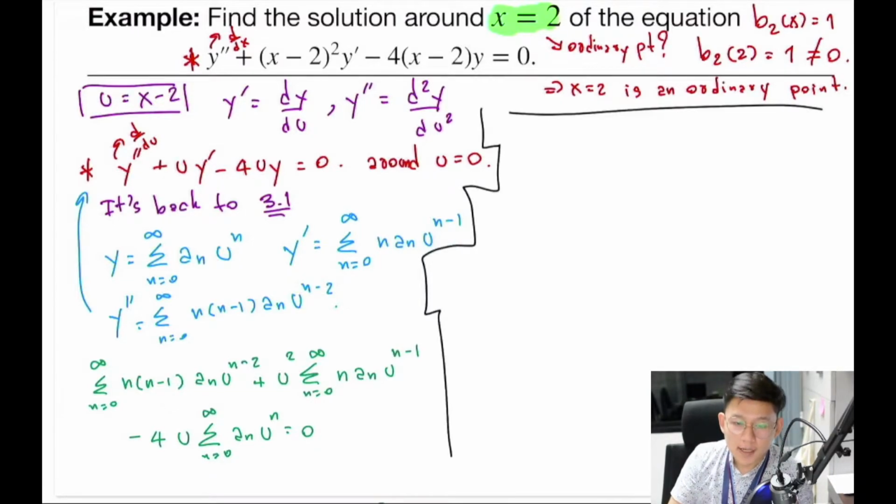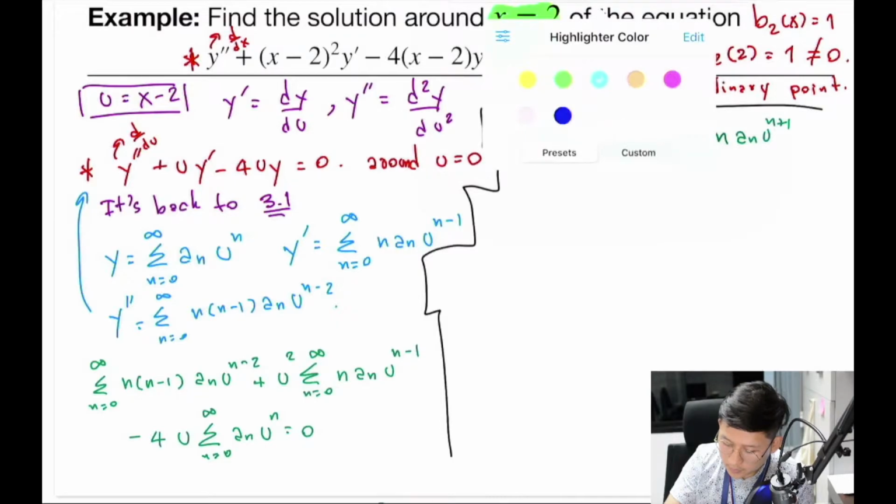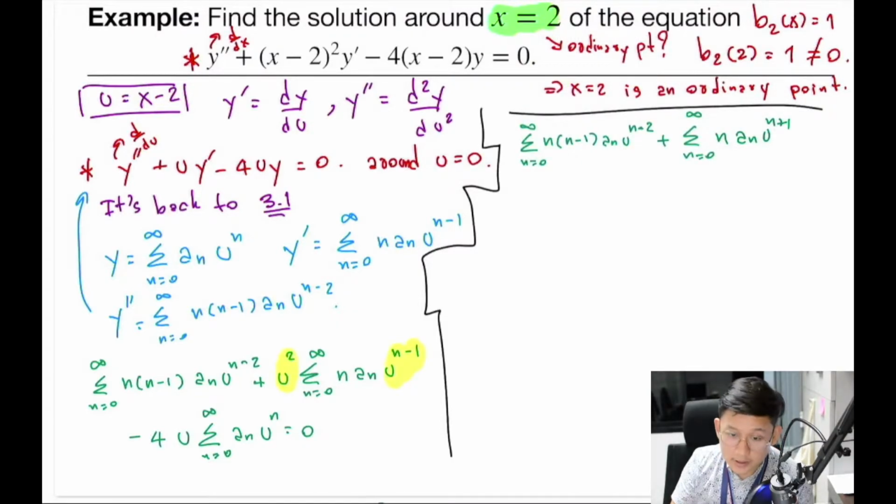Okay, after that, before we rearrange the exponents, let me simplify the equation a little bit. So here I would have summation n from 0 to infinity n times n minus 1 a_n u to the n minus 2, and then plus summation n from 0 to infinity n a_n u to the n plus 1. Guys, here it is u squared and u to the n minus 1, so I multiply u squared by u to the n minus 1, and I get u to the n plus 1.